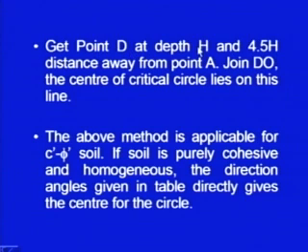Get point D at depth h and 4.5 h distance away from point A, then join DO, and the center of the critical circle lies on this line. Note that this method is applicable for c dash phi dash soil. If the soil is purely cohesive and homogeneous, then the direction angles given in this table directly give the center of the circle.